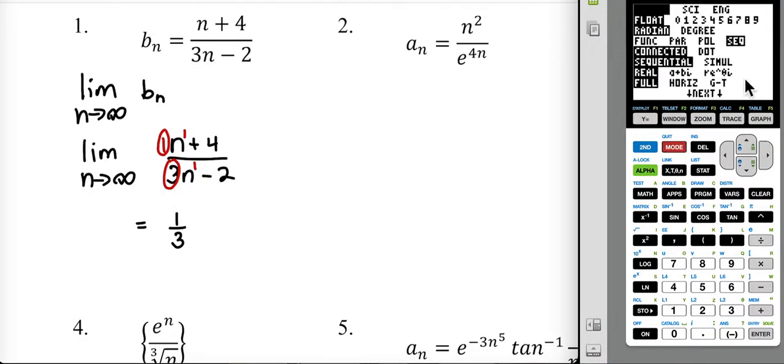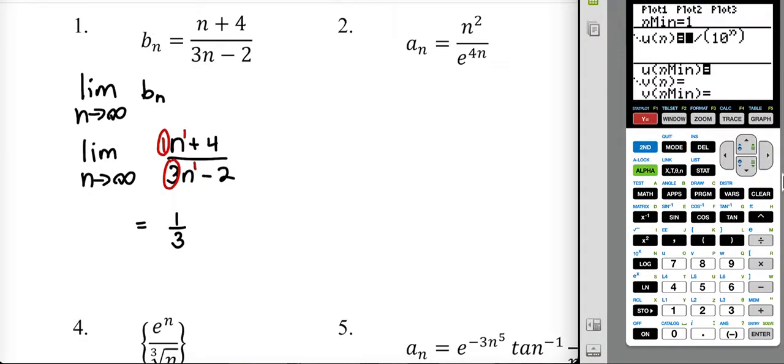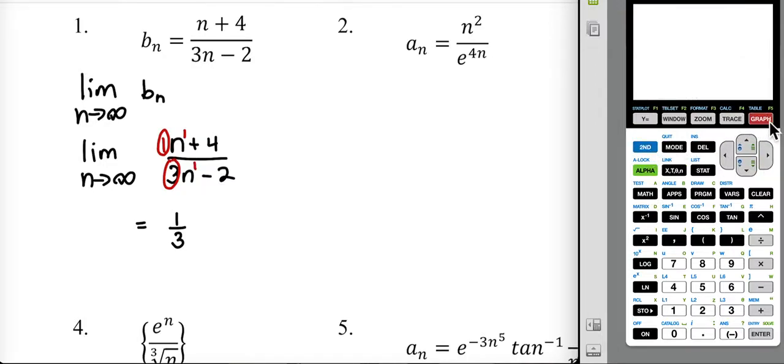Again, you want to make sure you're in sequence mode. Typing it in is sometimes more trouble than it's worth, but by typing in n plus 4 over 3n minus 2, you can get an idea of what this sequence is approaching for large values of n.